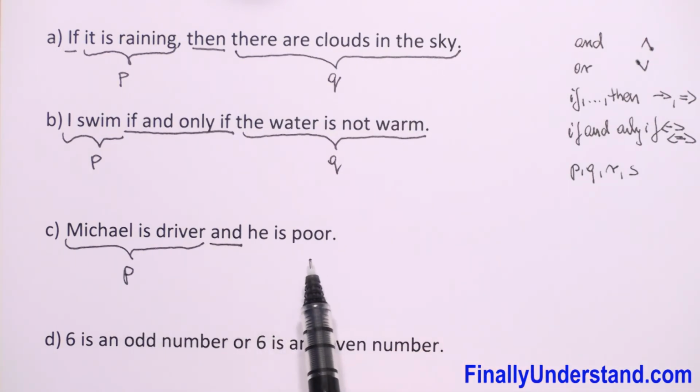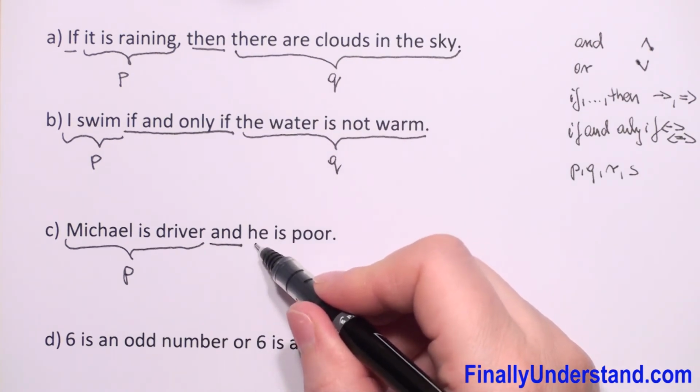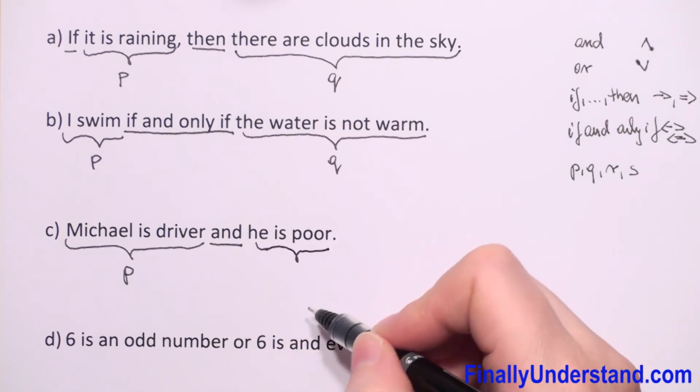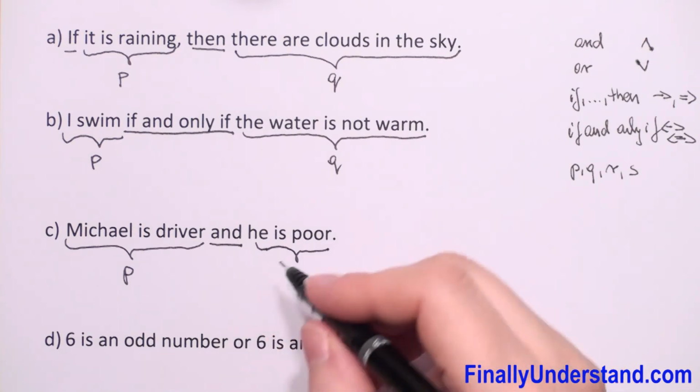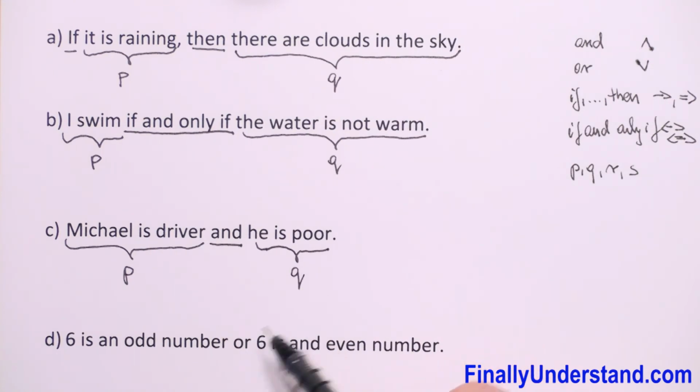And he is poor. This is the next simple statement because it has a single idea. This is our Q simple statement. So in the third example, the first simple statement is Michael is a driver, and the second is he is poor.